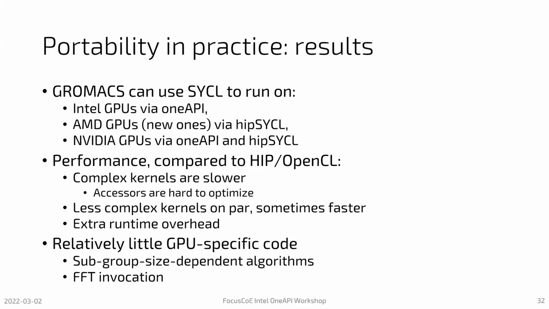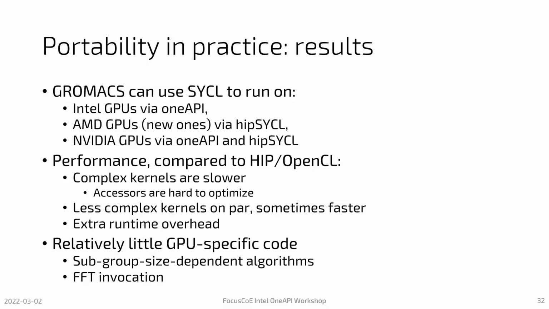Now, compared to the native performance on AMD devices, complex kernels are slower. They were much slower when we were using accessors. When we switched to USM and simplified the job of the compiler, they became quite a bit slower, but not horribly slower.